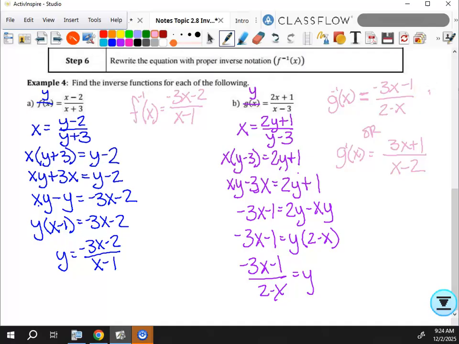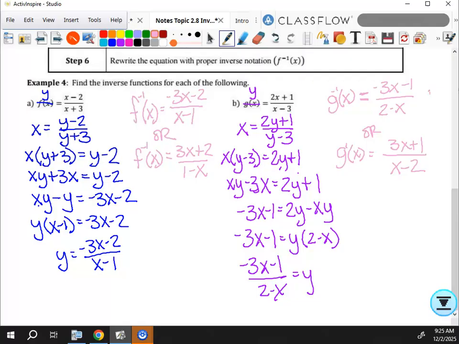All the difference is you change every single sign. That's all it is. So here, my other option for this one would be f inverse of x equals 3x plus 2 over 1 minus x. Okay, that's another option for that one if it's a multiple choice type of thing. Okay, we good on that? Questions?